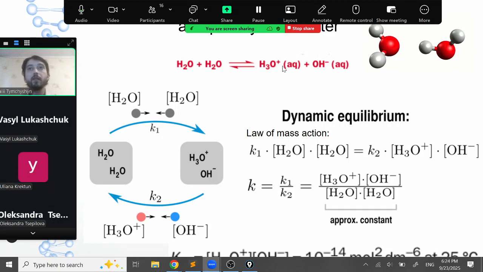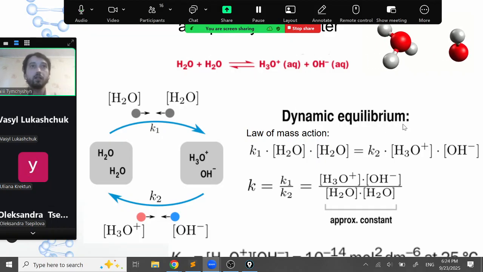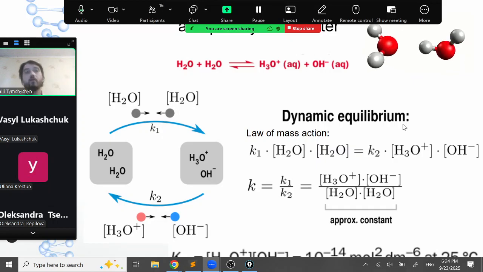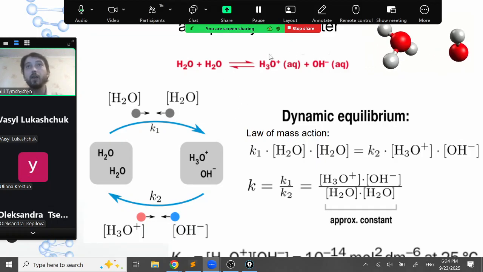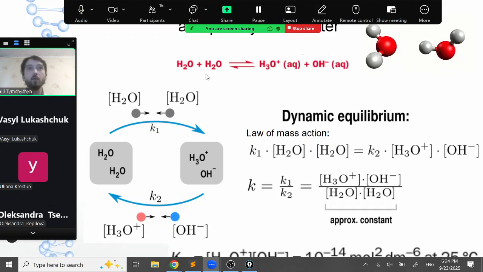And all the time these ions are combining back to give you water. When the dynamic equilibrium is achieved, so we gave some time for the solution for all these things to settle, we know that however many of these ions are created, the same amount is transformed back into water. So always something is happening, but if we calculate the overall number of the ions, of the water molecules and so on, these overall numbers will not change.